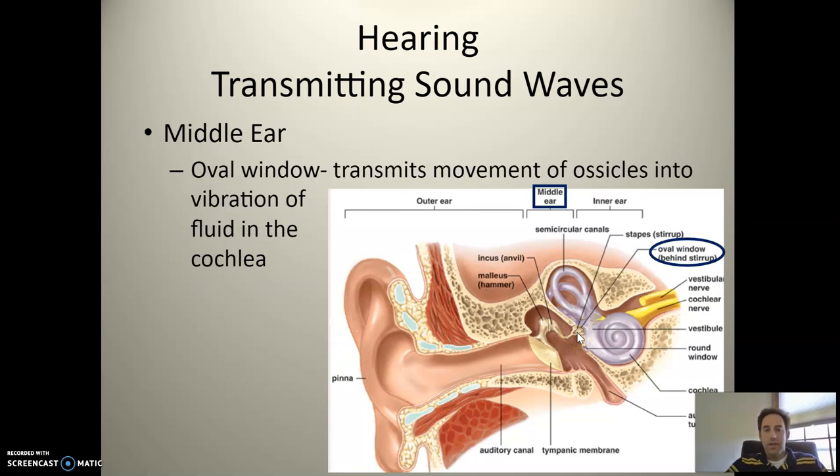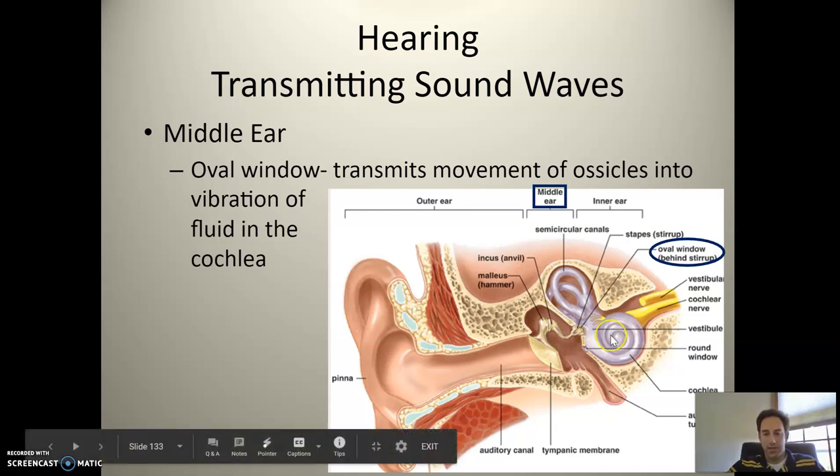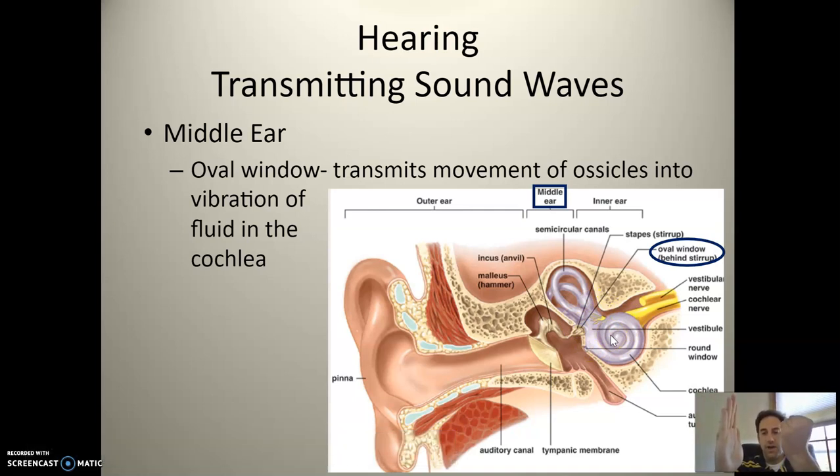And the oval window is going to transmit the movement of those tiny ossicle bones into the vibration of fluid inside this cochlea. If this is the oval window, those ossicles are kind of banging into it as they vibrate. So when they hit that, that causes the vibration of fluid inside the cochlea.